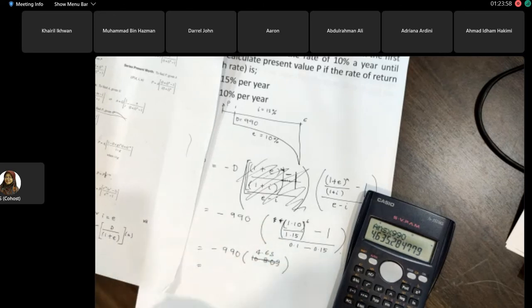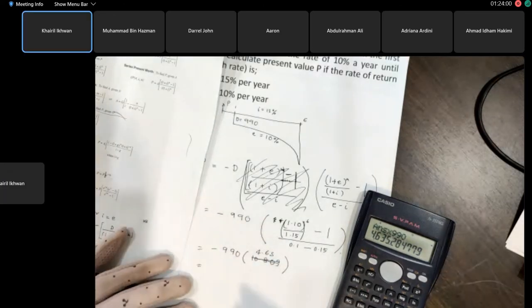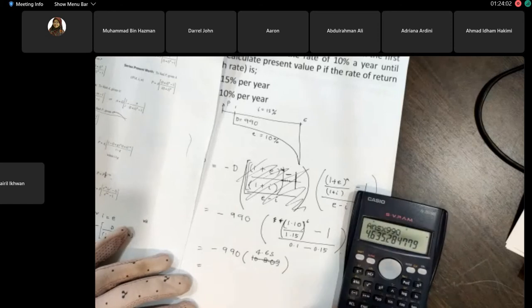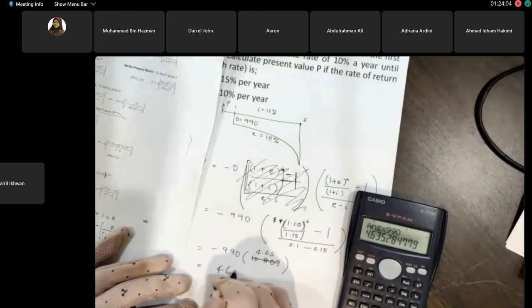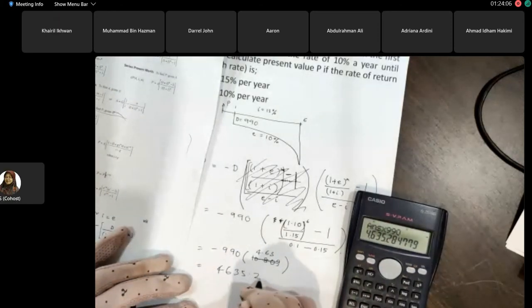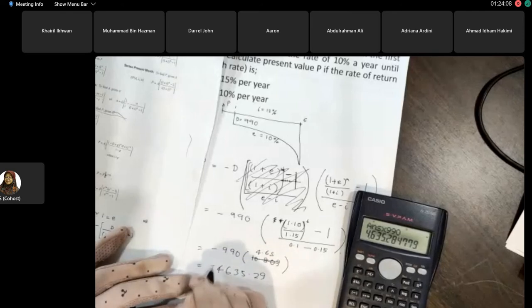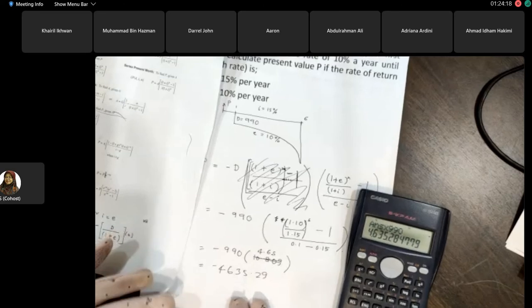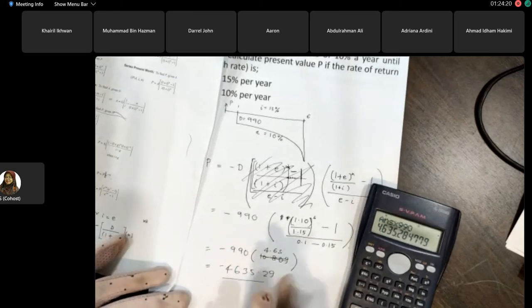Sama doktor, 4.68. Okay. So the answer is 4635.29. Yang ni kita tak boleh nak tengok kan. We cannot see the answer correct or not because we cannot use the table. Kan? So you just pasrah lah. The answer is this.